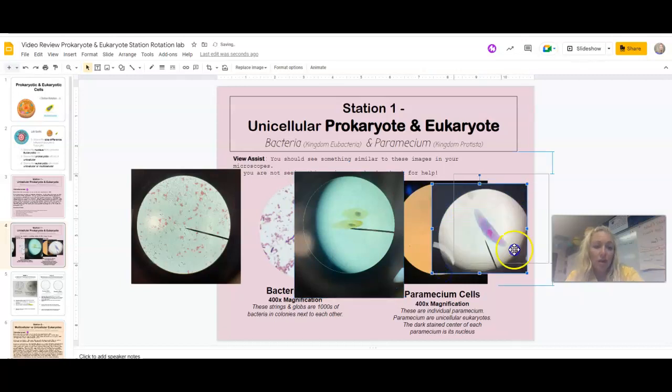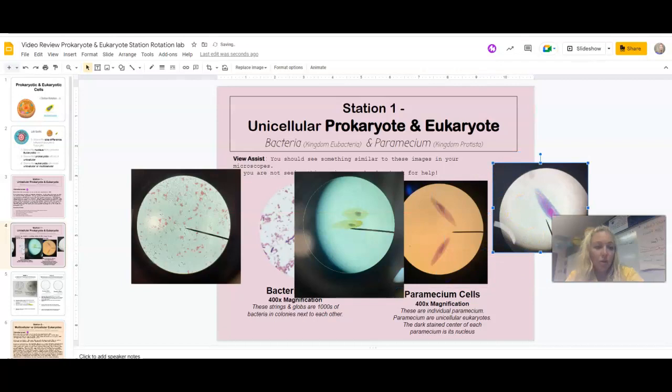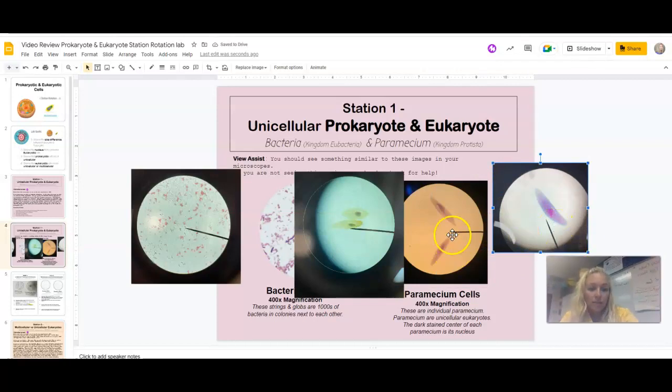So again, both of them pretty close to what the example image was. I just really wanted you to be able to see that there's a clear nucleus right here in the center of these little protists. Okay, that's the kingdom that the paramecia belong to. So that's what you were looking at.